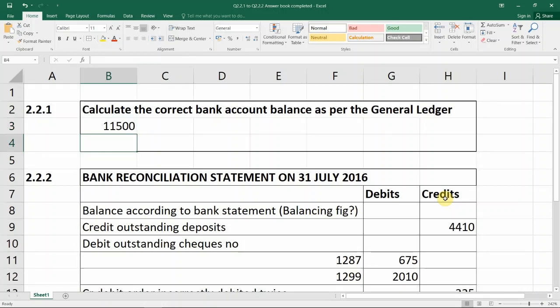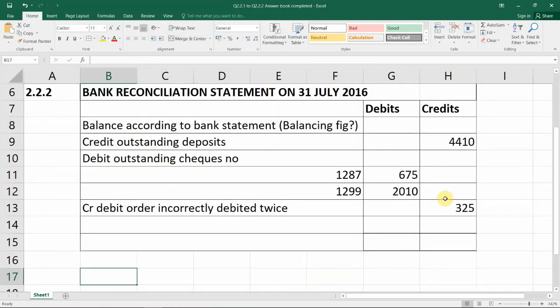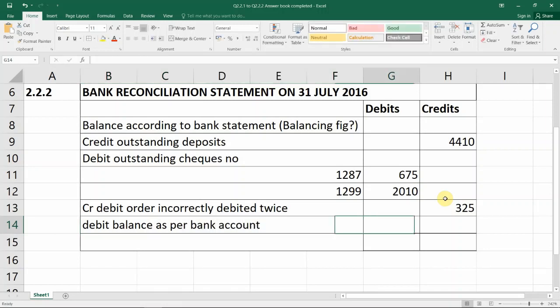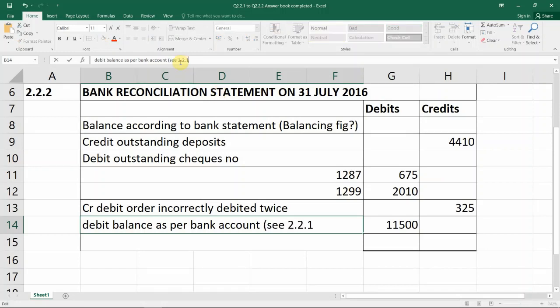So therefore we have a debit balance as per bank account of 11,500. So this is from C2.2.1. That's good exam writing strategy.